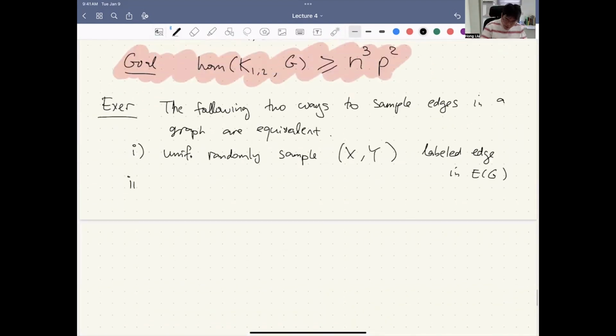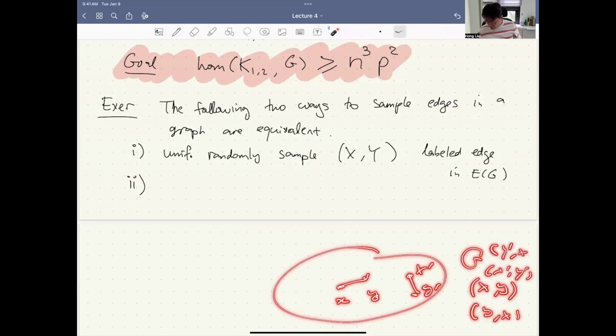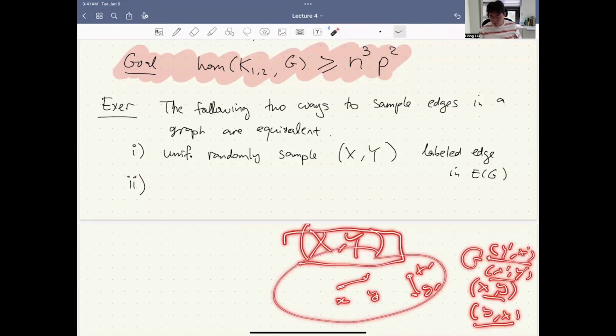The second way is to think of a uniformly randomly sampled labeled edge. What does this mean? You have G, and you have this edge, little x, little y. For all labeled edges xy, yx, x'y', y'x', they are equally likely to be this random labeled edge xy.